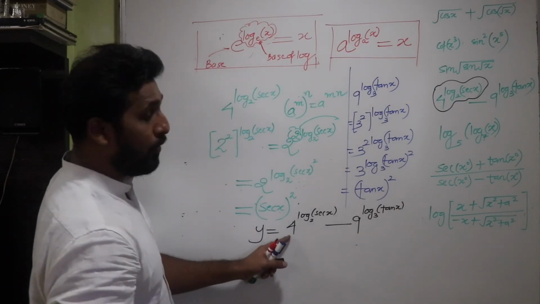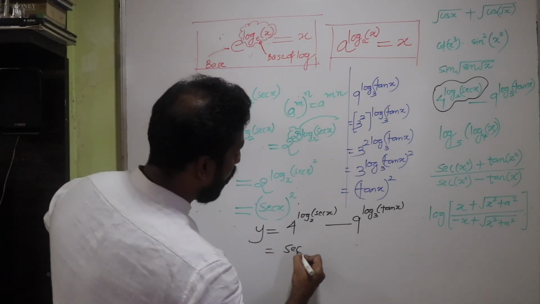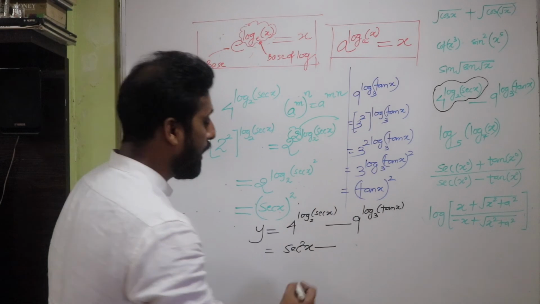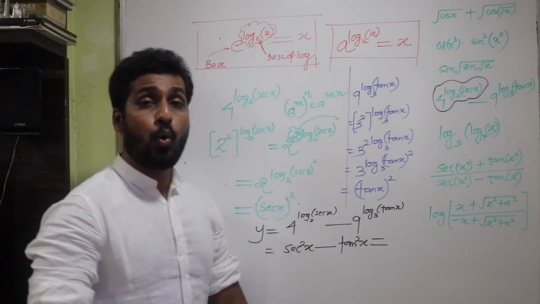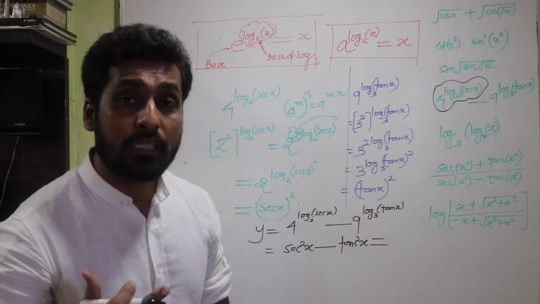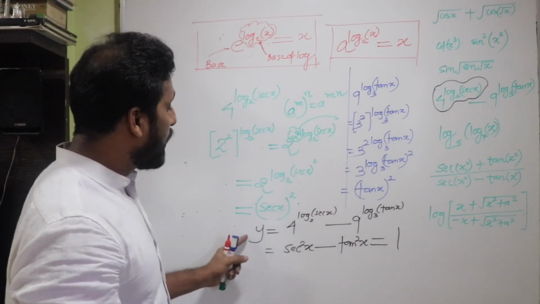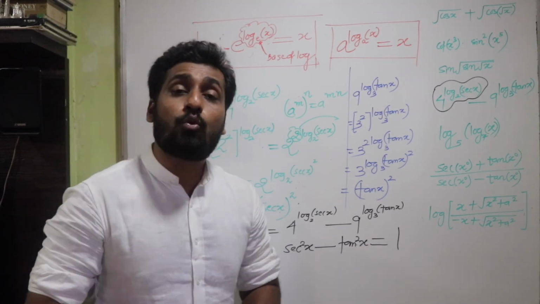What did I get for the first term? The answer came to be sec square x, isn't it? Sec x the whole square, or I write sec square x minus the next term came tan x the whole square, which I can write tan square x, and you all very well know that sec square x minus tan square x, the answer is 1. That means you get y is equal to what? 1.